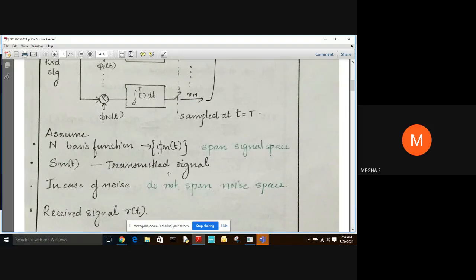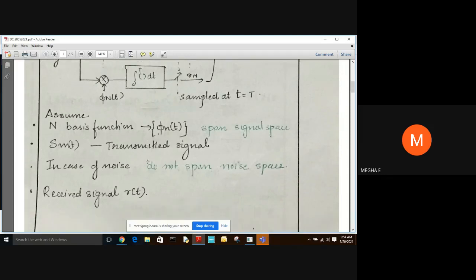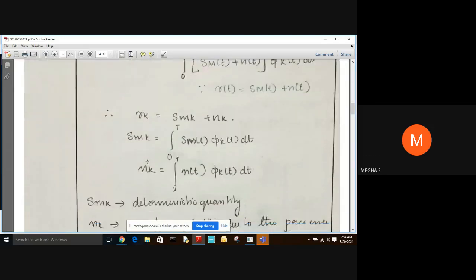Sm of t is the transmitted signal, and every transmitted signal can be written as a linear combination of basis functions. So Smk is nothing but the integral from 0 to T of Sm of t into phi k of t dt, and Nk is nothing but the integral from 0 to T of n of t into phi k of t dt. So we got Smk and Nk.